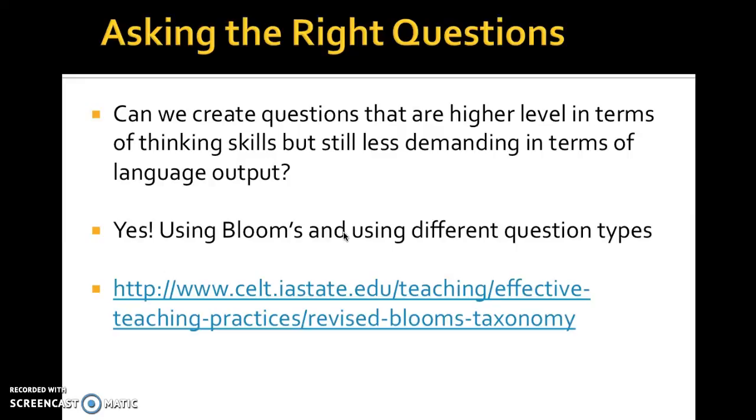So the main question that Jane Hill and Kathleen Flynn address in this article is, can we create questions that are cognitively challenging, higher level in terms of thinking, but less demanding in terms of language output? Yes, we can.